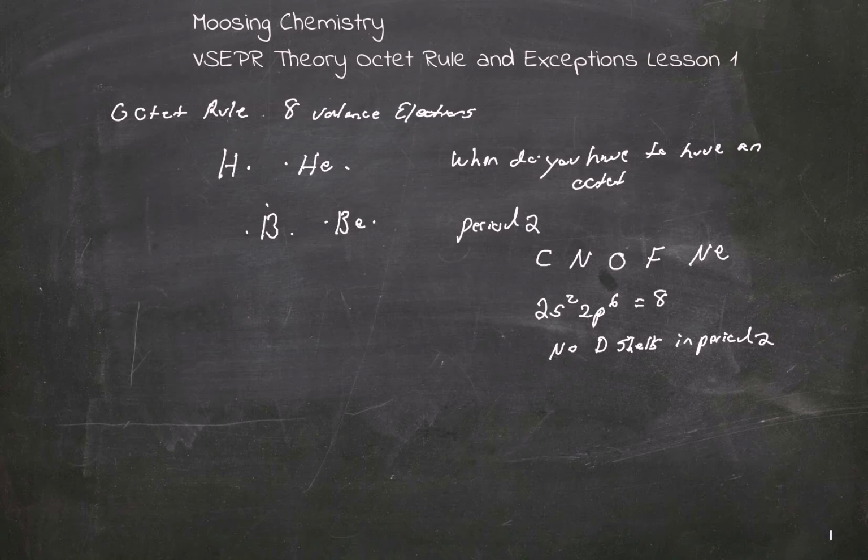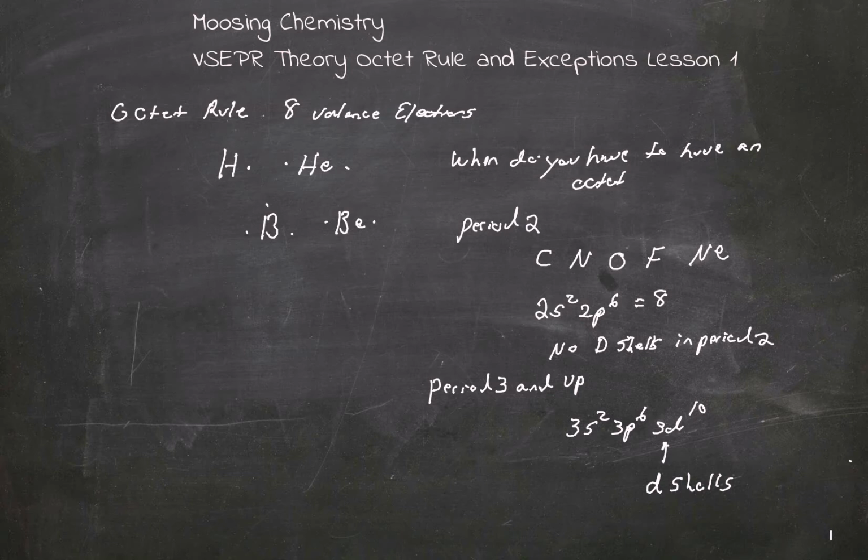So when can you violate the octet rule? You violate the octet rule in period 3 and up. Because period 3 has 3s2, 3p6, and then, of course, 3d10. There are D shells in period 3. So since there are D shells, we can expand the octet.